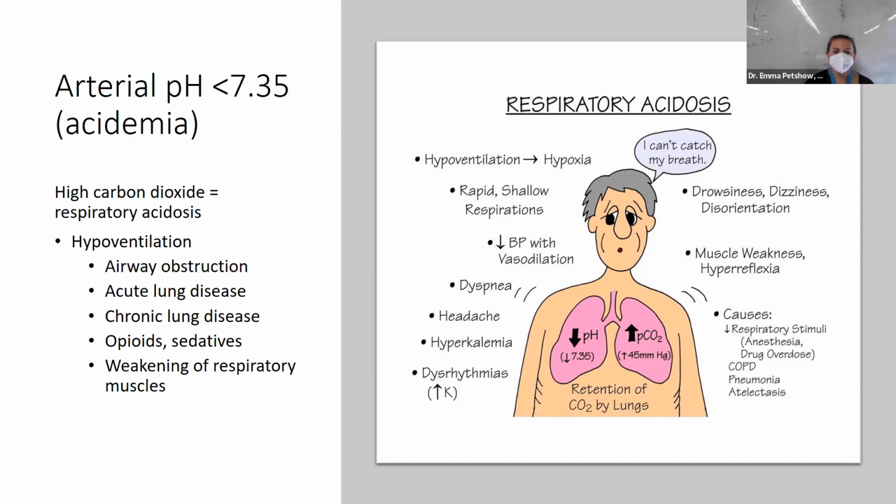So when we're thinking about respiratory acidosis, we think about low pH, high CO2, hyperkalemia. And causes are primarily things that affect lungs or respiratory stimuli, things that can cause a depressed respiratory state like opioids or sedatives, or a weakening of those respiratory muscles.